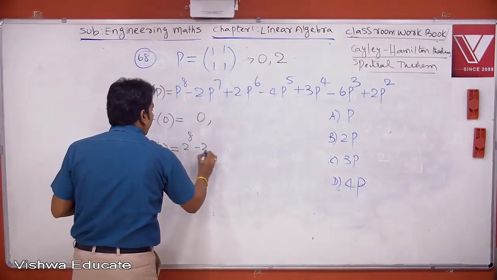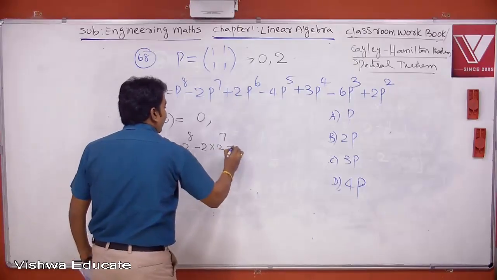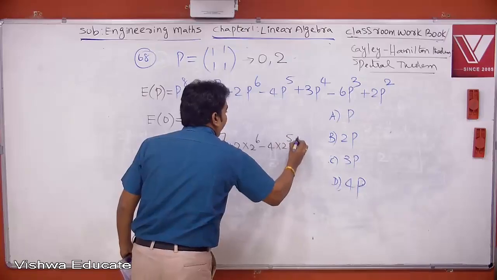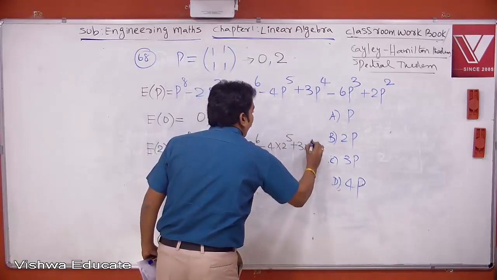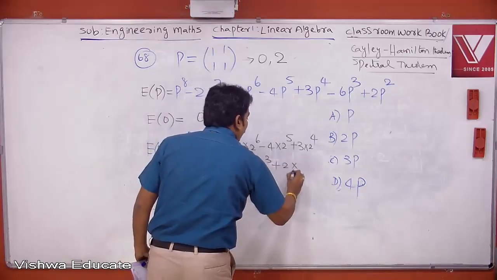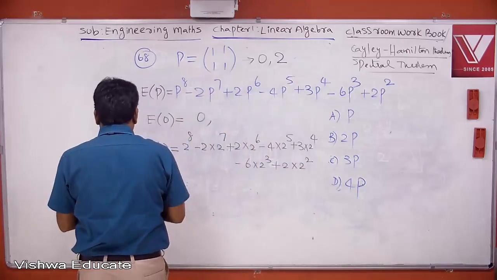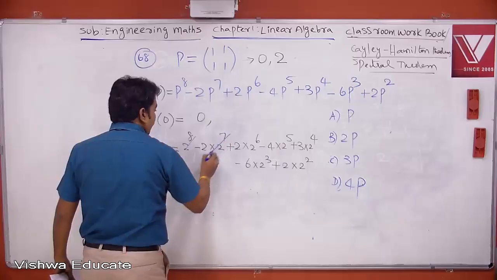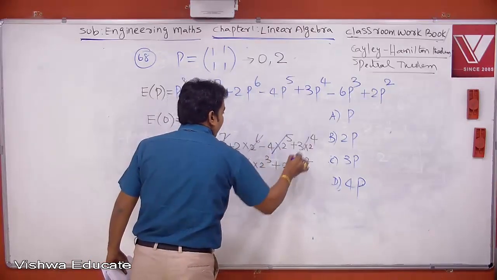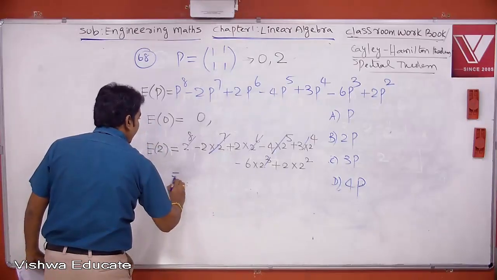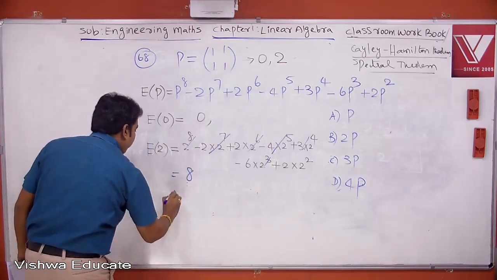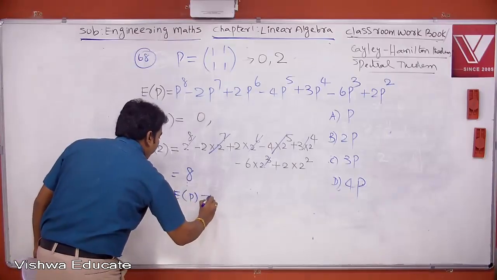So 2 power 8 minus 2 into 2 power 7 plus 2 into 2 power 6 minus 4 into 2 power 5 plus 3 into 2 power 4 minus 6 into 2 cube plus 2 into 2 square. Now this term and this term will be cancelled. This and this will be cancelled. This and this will be cancelled. So this is 8.